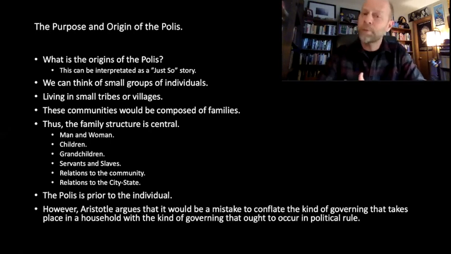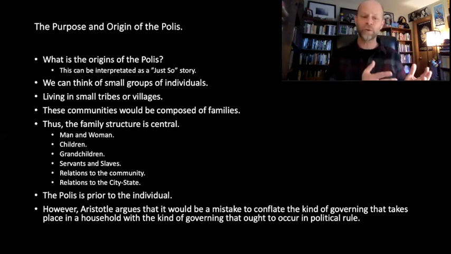However, before we move on to answering that question, it's important to recognize that Aristotle argues that it would be a big mistake to conflate the kind of governing that takes place within a household with the kind of government that ought to occur in political rule.